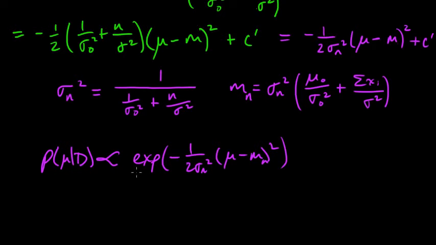And since a function that's proportional to the distribution uniquely determines it, this is in fact equal to the Gaussian. So this implies that the posterior distribution on mu is distributed as a normal with mean mn and variance sigma n squared. You just put 1 over the square root of 2 pi sigma n squared, and we've got it.